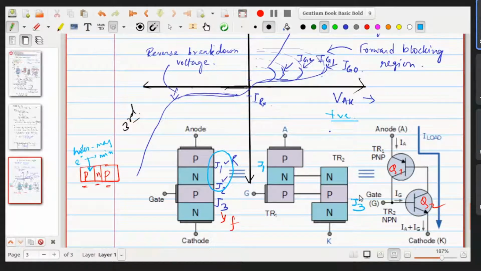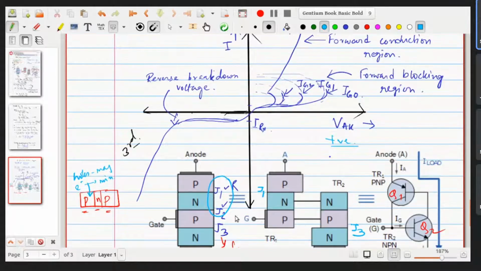The junction J1 and J3 are forward biased and J2 becomes reverse biased because of Ig equal to 0. So for that aspect, with the small voltage from anode to cathode, it will create a small forward leakage current that is going to flow through the device.